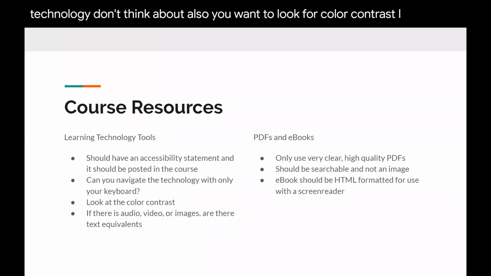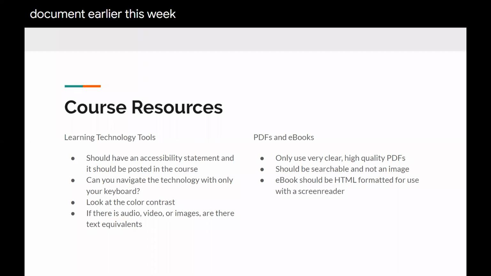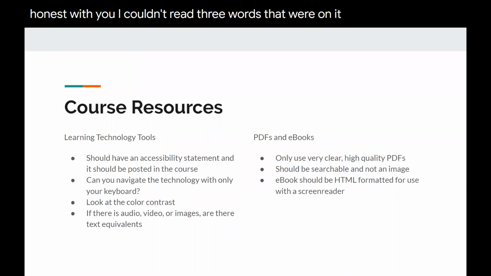I received a document earlier this week that was red background with a dark gray text. I'll be honest with you, I couldn't read 3 words that were on it. So obviously, wherever that came from, they were not aware of the need for color contrast.